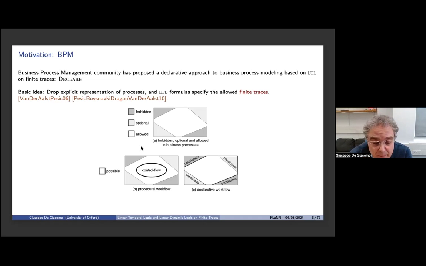At a certain point in 2006, they were looking at processes that were very complex, very full of exceptions. They started thinking that maybe they should not describe these processes as some sort of high-level program, but as constraints, particular constraints in LTL.